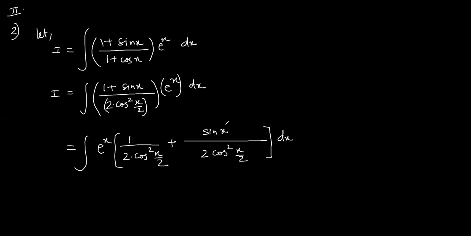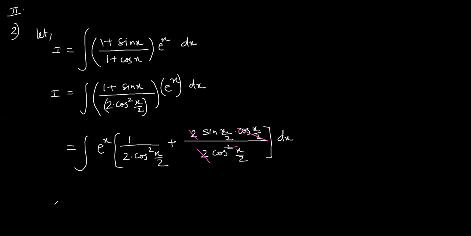And for this sin x, I write the half angle formula. What is sin x? It is 2 sin x by 2 cos x by 2. So next step, this 2 and 2 cancel, and one cos x by 2 also gets cancelled.